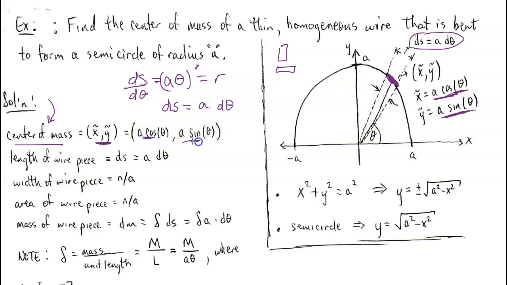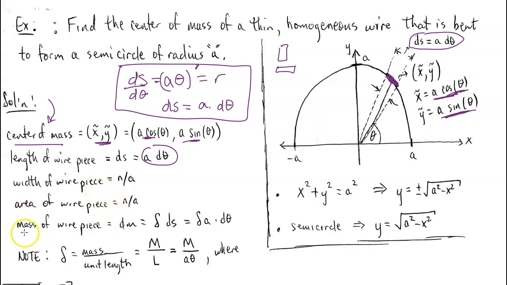The length of the piece of wire makes sense to calculate since this is a one-dimensional figure, and I've described how and why we do that: we take arc length, take the derivative of it, and rearrange it. The width doesn't make sense to calculate because this is a one-dimensional figure, and for the same reason it doesn't make sense to talk about area.